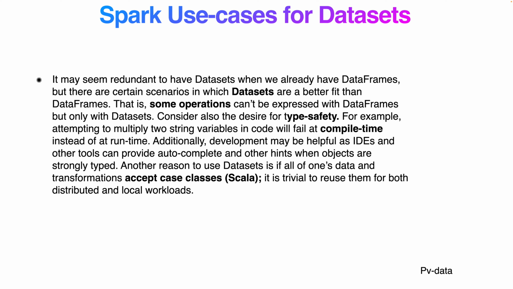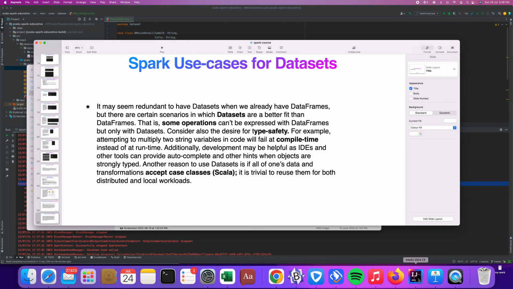Compile time failure is always better than runtime failure. Additionally, development may be helpful, as IDEs and other tools can provide autocomplete and other hints when the objects are strongly typed. Another reason to use datasets is the data and transformers aspect. There is one more reason: case classes in Scala are easily reusable, so a case class we can reuse and distribute across the application. So it's a benefit.